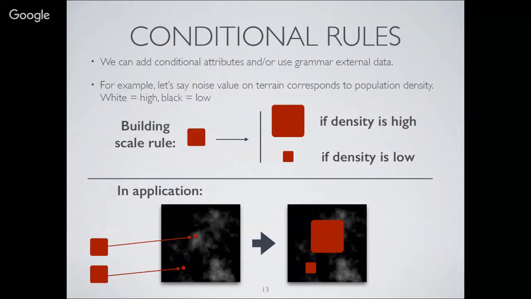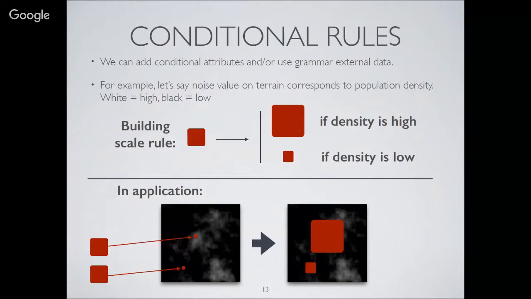For example, let's say we're generating a city. We can take a noise texture, like depicted at the bottom there, and say, all right, when I'm computing what I'm going to do at a particular point, I can also check, for whatever point in the world I am, what is the noise value on my texture, or let's say my terrain height.